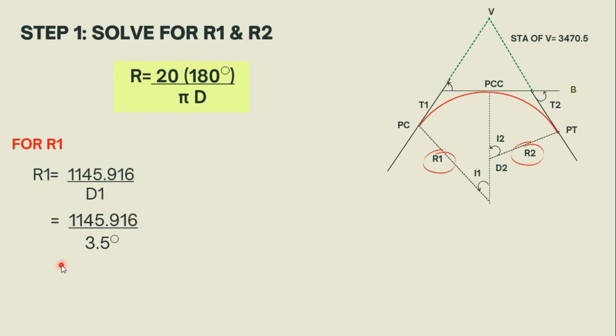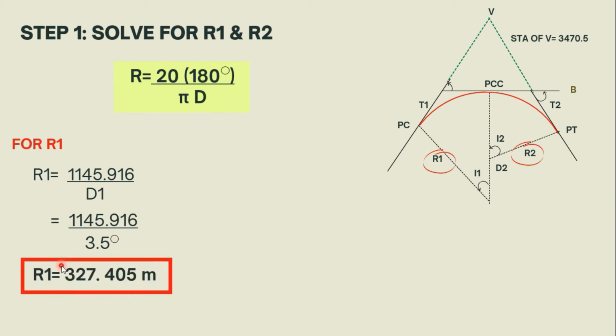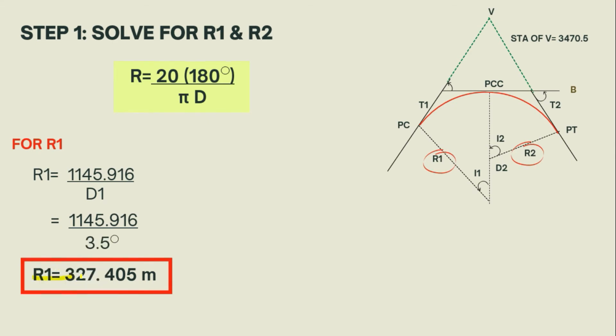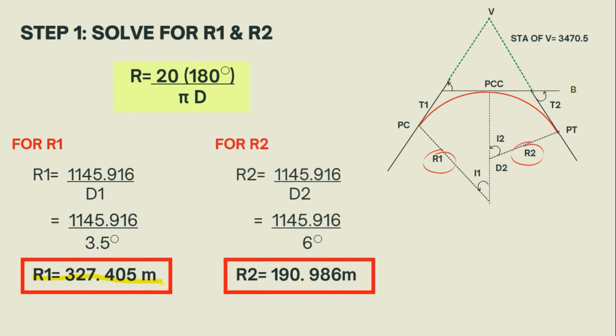Then we can get the value. For R1, we have 327.405 meters. And for R2, we have 190.986 meters.